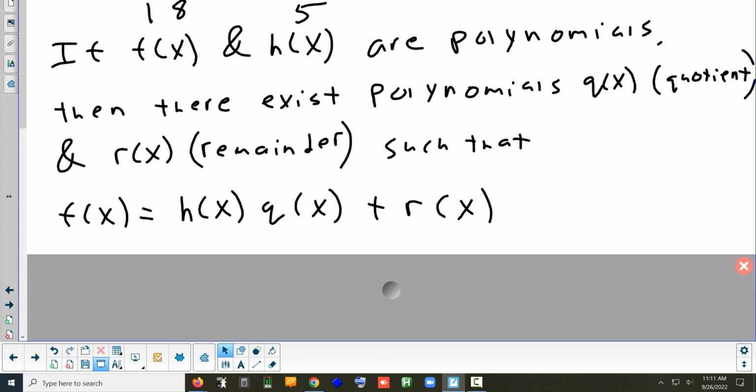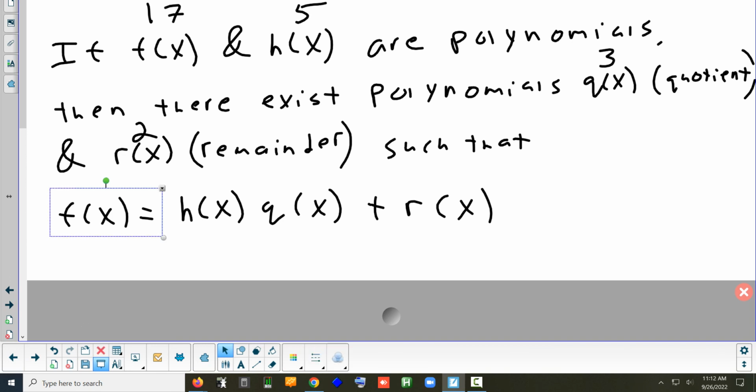Oh, I don't want to have two numbers that be the same. You can have the quotient and remainder the same, I just think it'll make it more confusing. What do you get when you divide 17 by 5 for a quotient? 3. And what do you get for a remainder? 2. So let's see if it satisfies this equation.